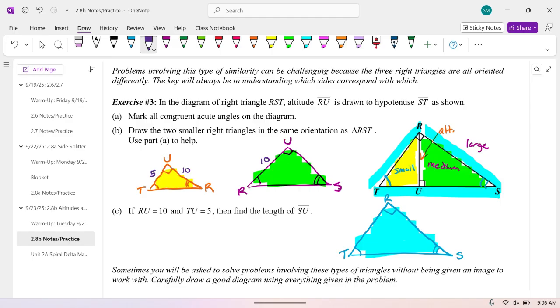So if I want to find the length of SU, let's call that X. How would I set up a proportion to find it? So let's go with what we have first. Which 2 sides already correspond with each other that both have a value already assigned?